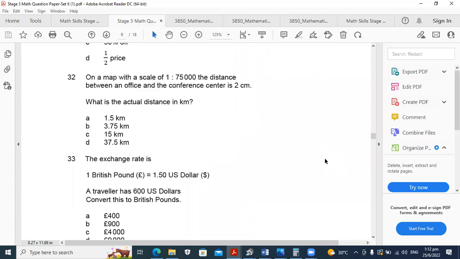All right, let us look at this scale thing here.